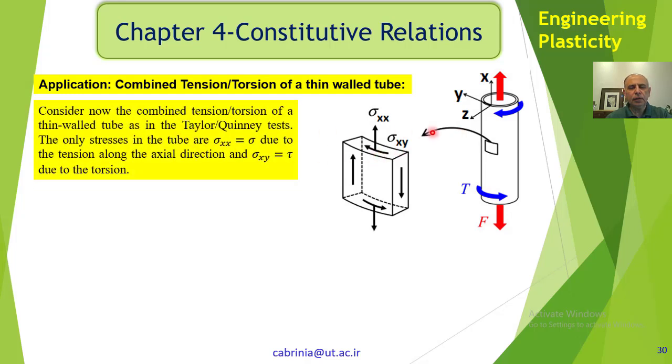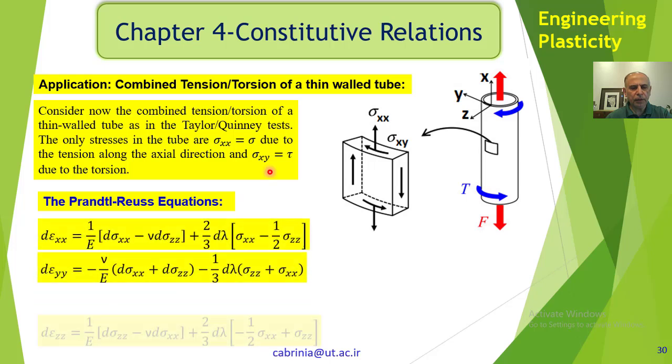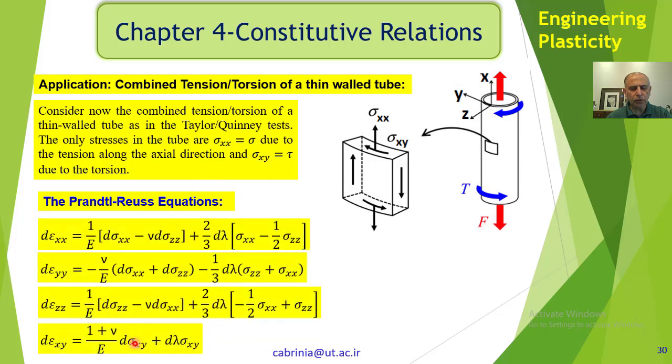Now you may recall in chapter 2 we had these Taylor-Quinney tests on thin wall tubes in order to get the experimental data for the yield criteria and verify the yield criteria. So as we said, the only stresses are sigma XX and sigma XY, and we use the Prandtl-Reuss equations, which we had before.